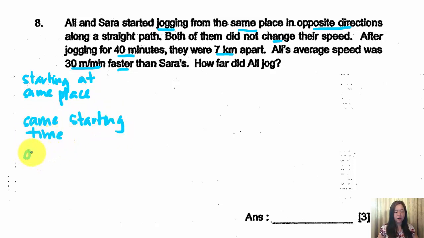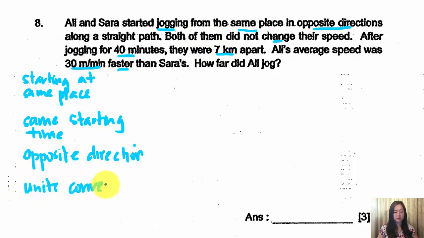In opposite direction, and we have 7 km here and meters here, so definitely we need unit conversion to convert km to meters. And finally, faster means that we have a more than or less than.